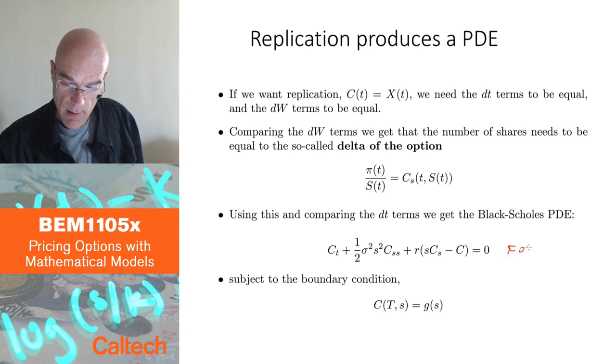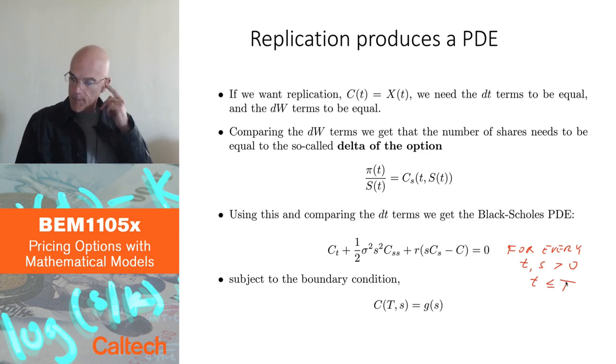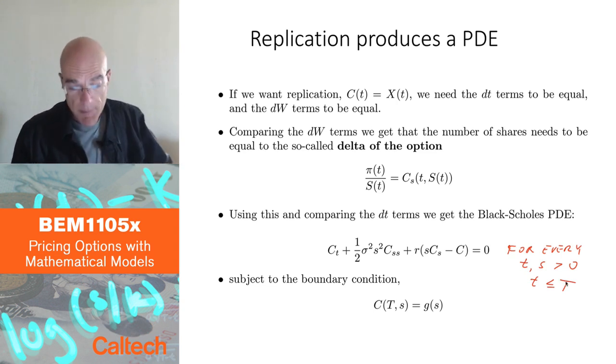Okay? Well, for every t positive and every s positive in this model, and time is positive and s is positive, so for every s greater than 0, and t in fact we only need it up to maturity, t less or equal to capital T.